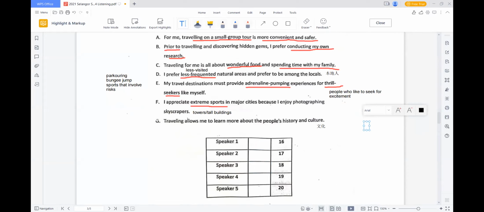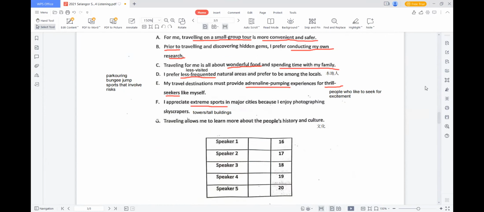You will hear 5 short extracts in which teenagers are talking about their preferences when they travel. For questions 16 to 20, choose from the list A to G what each speaker says. Use the letters only once. There are 2 extra letters which you do not need to use. You will hear the recording twice. Answer all the questions.